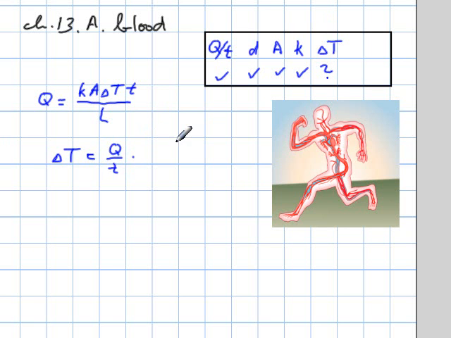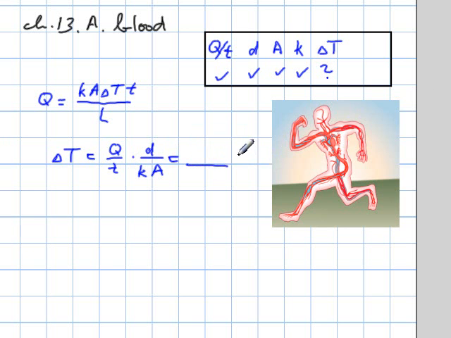joules per second, and then times the L or the D, and then divide that by K and A, the D being 0.002 meters, the K being given in a table in the book, under other materials, as 0.20 joules per second meters and Celsius degrees, and the A given in the book as 1.6 square meters.